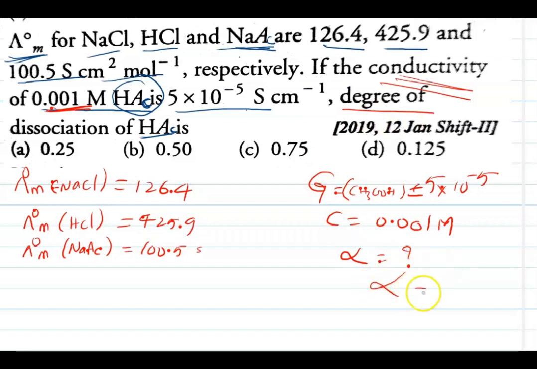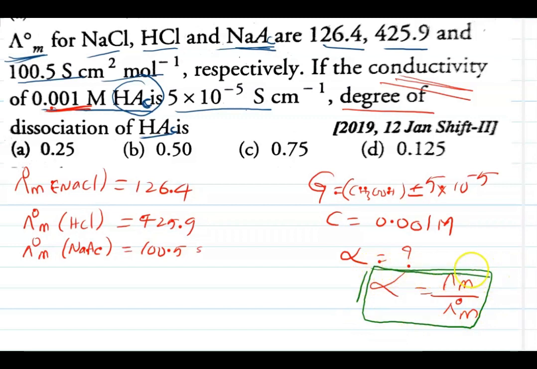We know alpha is nothing but lambda m by lambda naught m. According to Kohlrausch law, which you studied, alpha is equal to lambda m by lambda naught m. What is lambda m? Lambda m is molar conductivity.